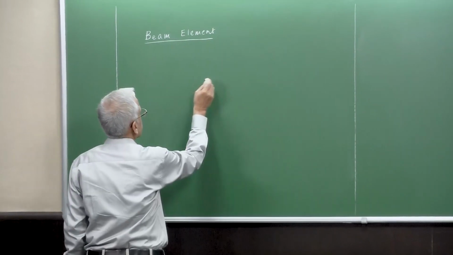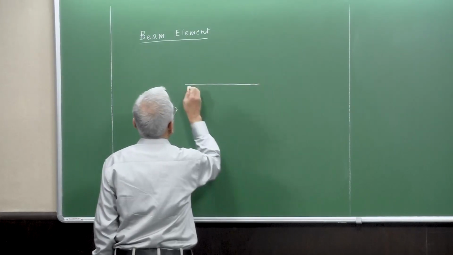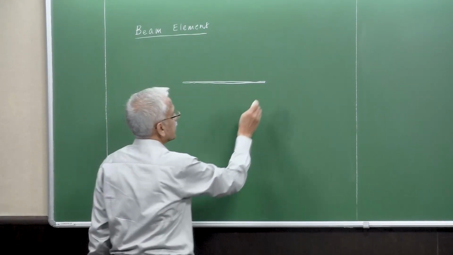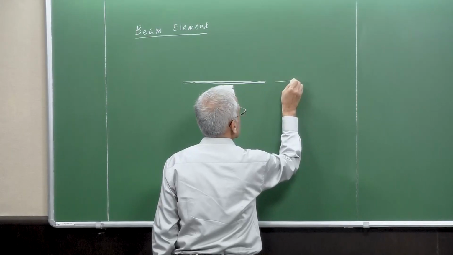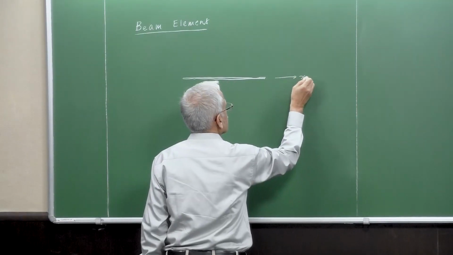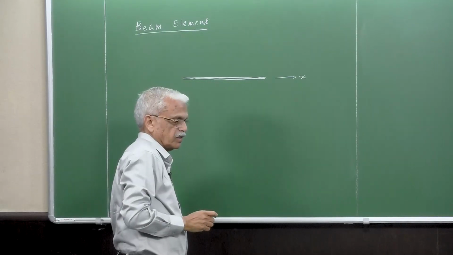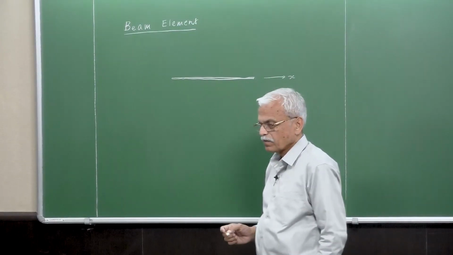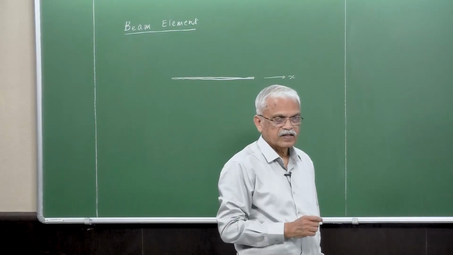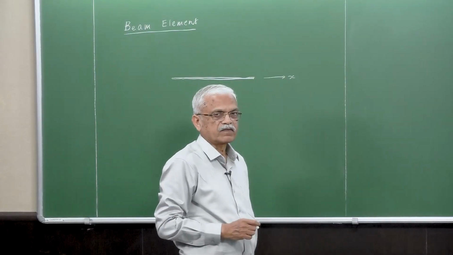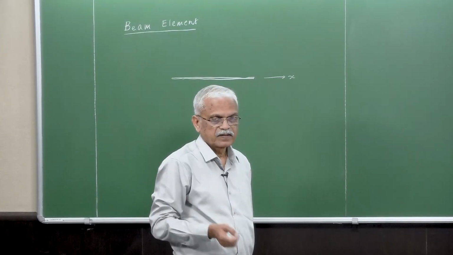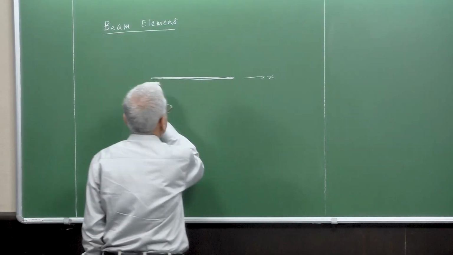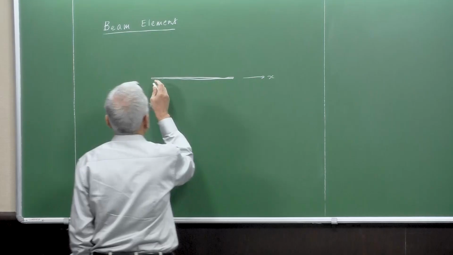In this, we will just take a one-dimensional element, x-axis here, and then the beam is obviously going to have a transverse deflection, and it's being acted upon by forces in the transverse direction, and then it will have the other important ingredient of the deformation, which is the slope. Okay. So this is the transverse deflection we are going to consider here.